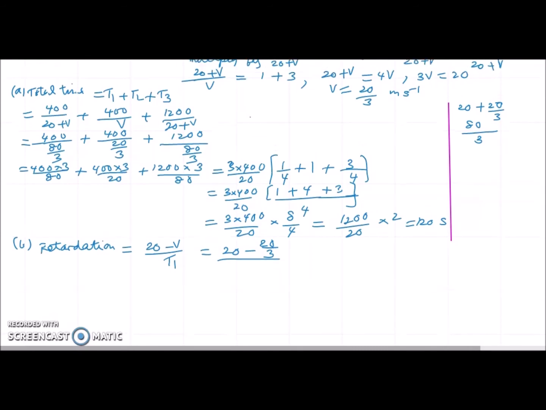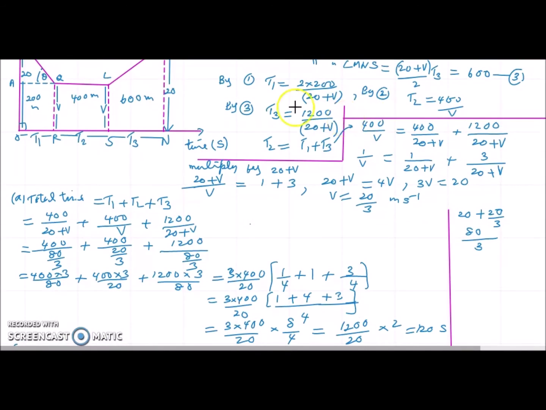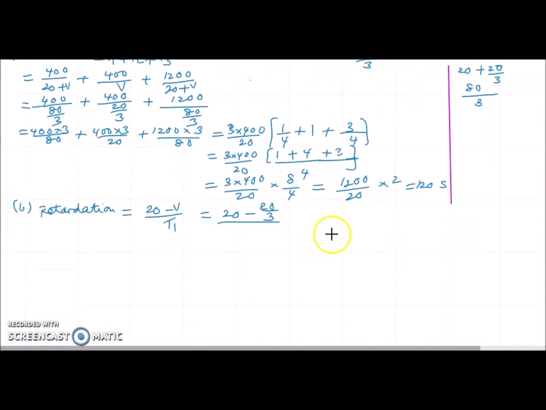What is T1? We have found this first. T1 is 400 by 20 plus V.